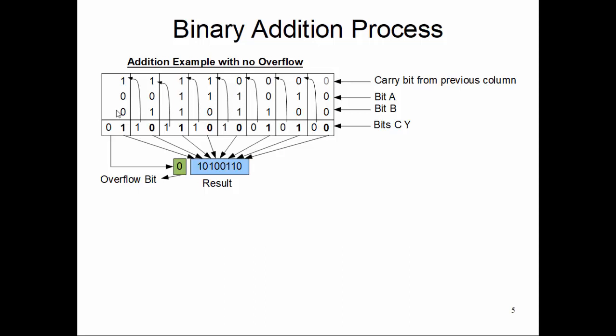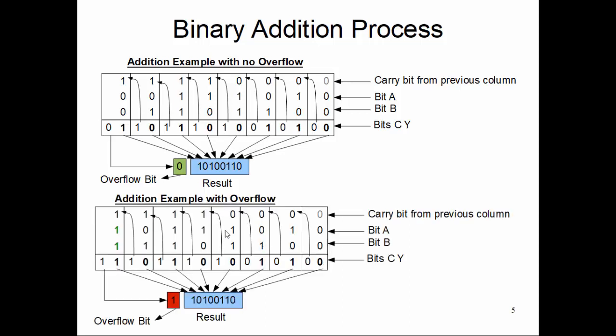Now this overflow bit, which is the last carry out from the last bit column, indicates if you have a successful summation or not. Why? Because if it is 0, then I am sure my sum can be represented within 8-bit, right? Now if it is 1, as in another example I have given, I'm adding up two 8-bit values with the same process, but in this case you see the last stage carry out is 1.